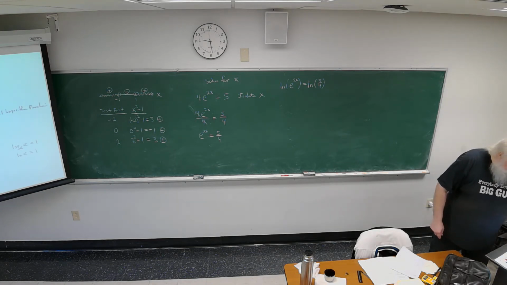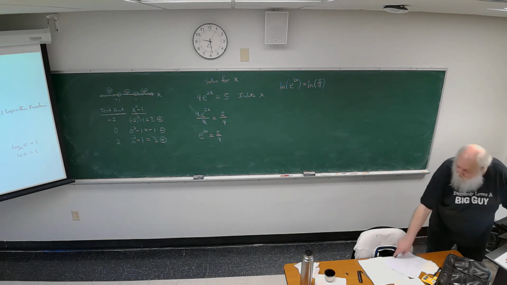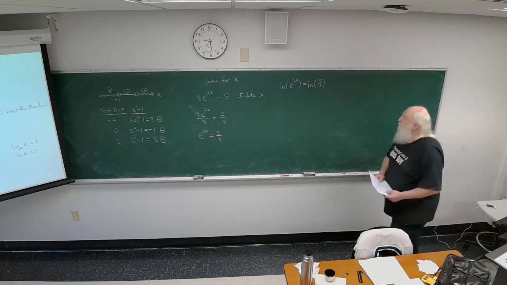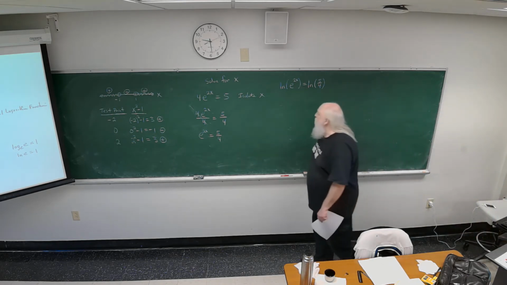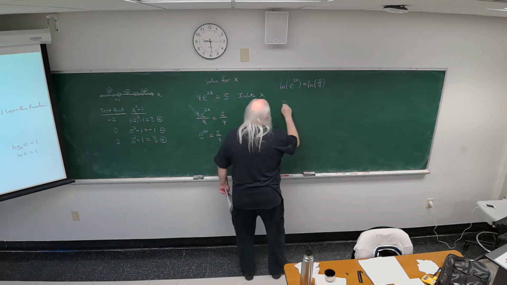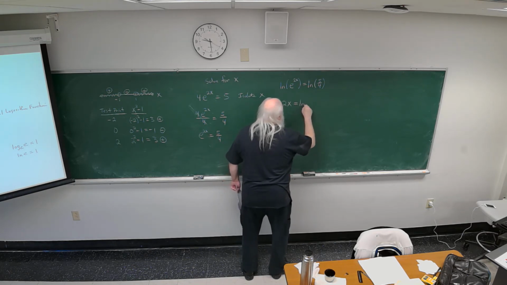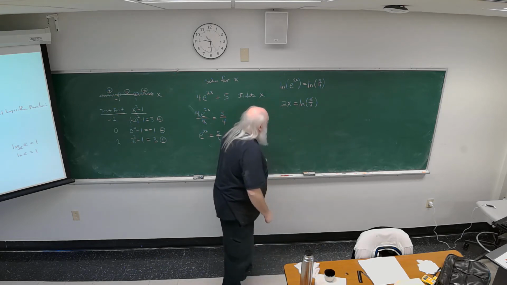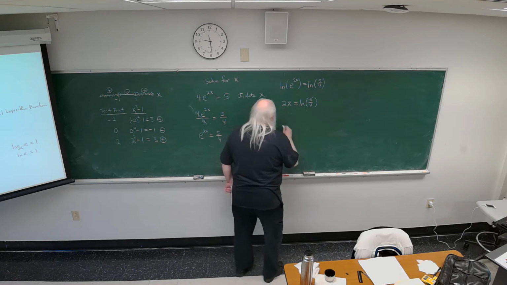Well, from the previous section, by property 3 of the natural log function, the left-hand side is just equal to this exponent, 2x. The natural log and the natural exponential function cancel each other, and we're left with 2x is equal to the natural log of 5/4. And now we divide both sides by 2.